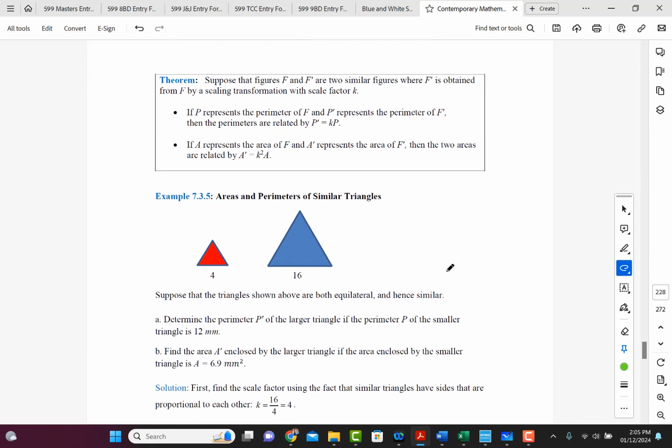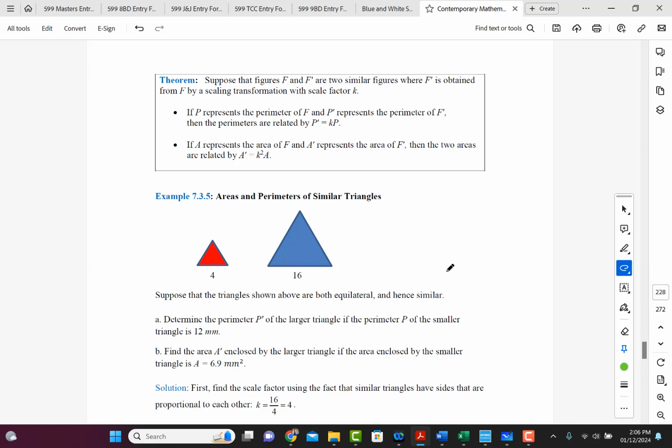So here's the theorem. Suppose that figures f and f prime are two similar figures where f prime is obtained from f by a scaling transformation with scale factor k. Then, if p represents the perimeter of f and p prime represents the perimeter of f prime, the perimeters are related by p prime is equal to k times p.